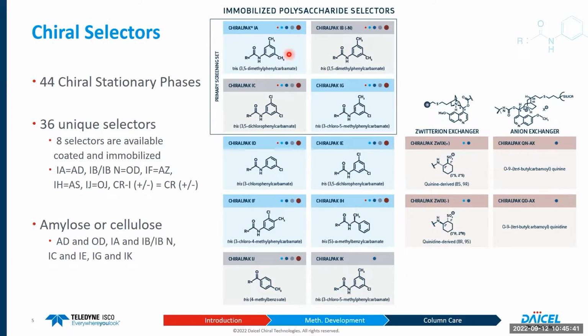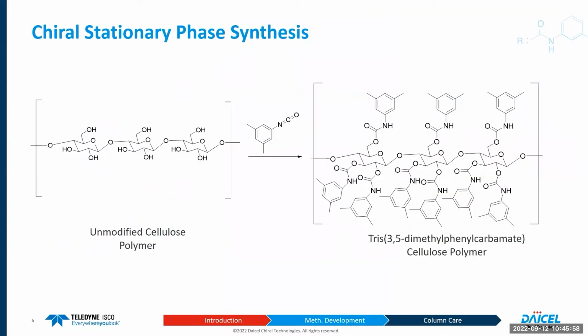And in some cases, you've got a choice between amylose and cellulose. So for instance, IA and IBN, which are at the very top of the slide here, are both 3,5-dimethyl phenylcarbamate, but IA is on amylose and IB or IBN is on cellulose, which does give rise to some very interesting changes to chromatography, as we'll talk here in a few slides about.